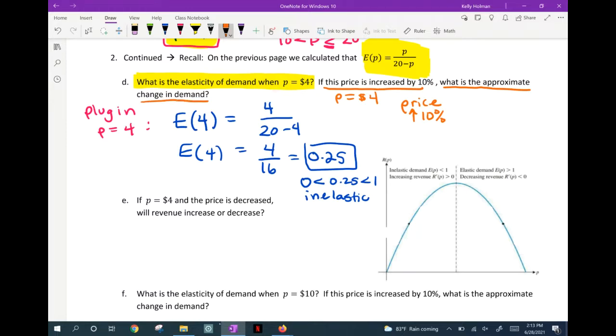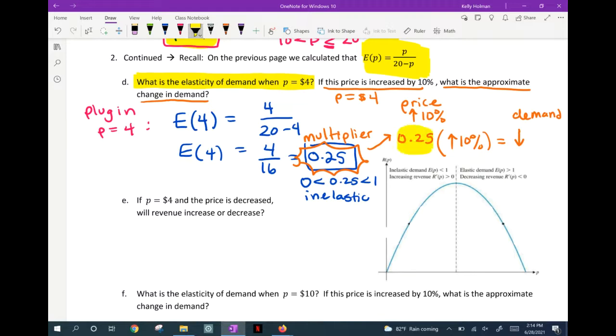So what we do is we use this elasticity calculation as a multiplier. What do I mean by that? I mean we take that calculation and we multiply it by that increase of 10%. And that tells me that my demand is going to do the opposite in this book. It always assumes the opposite. Well, opposite of what?